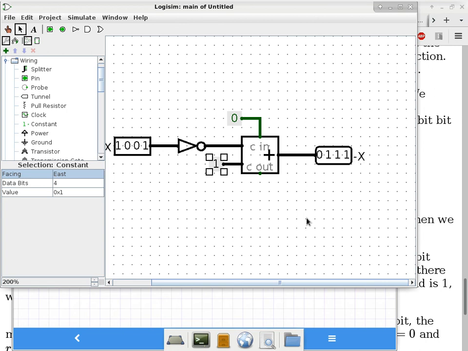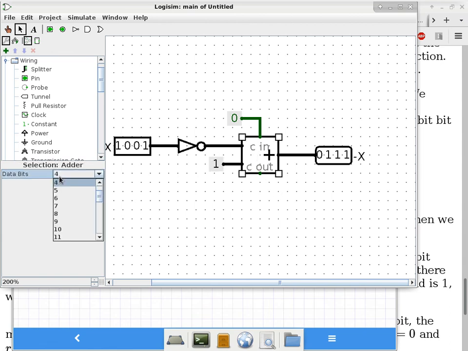Like how you can make that adder 1 bit, 2 bits, 3 bits, 4 bits. Is there a tool in Logisim that allows you to do that? Unfortunately, this is hardwired. It is manually specified. It cannot be specified by another component. So that part is difficult to do.